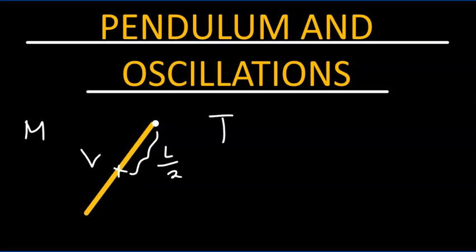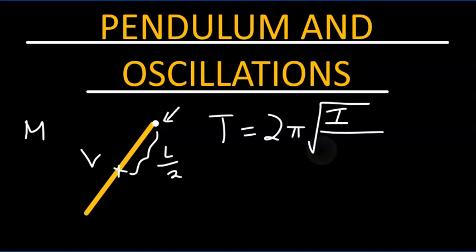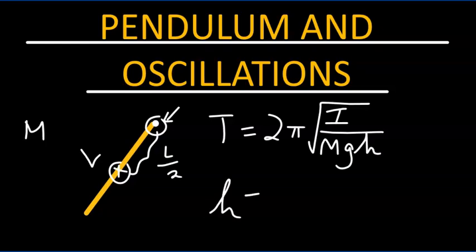Its period is given by the following expression: 2 pi square root of the moment of inertia of this pendulum about that pivot point over the mass of the pendulum times the gravitational acceleration times the distance between the center of mass and the pivot point. Let's call it h. So in this case, h is L over 2.